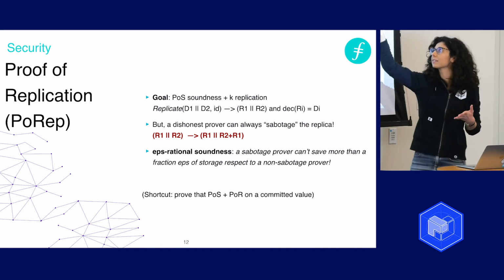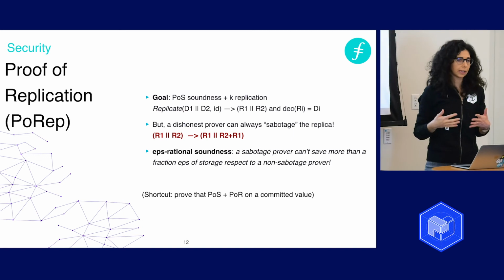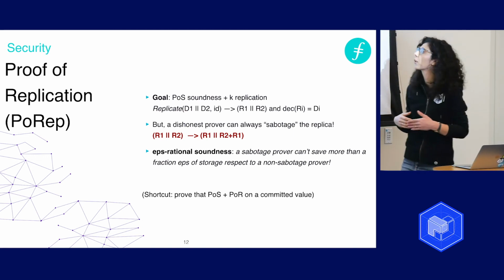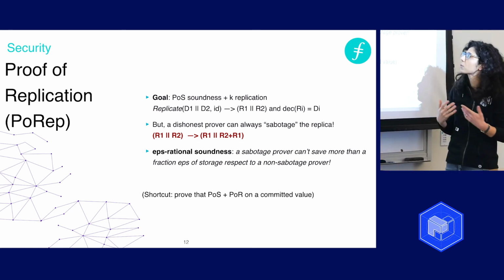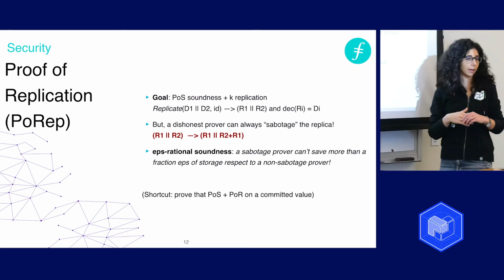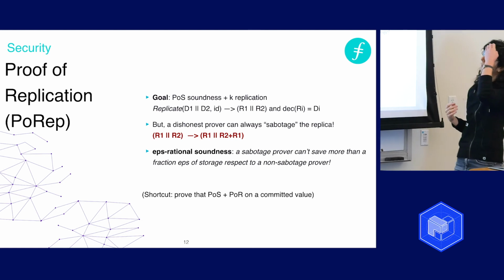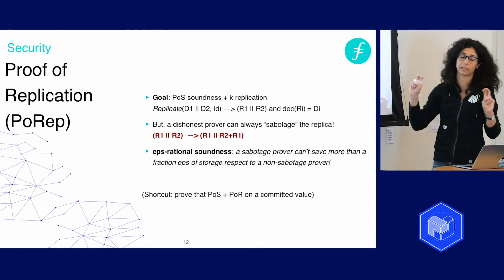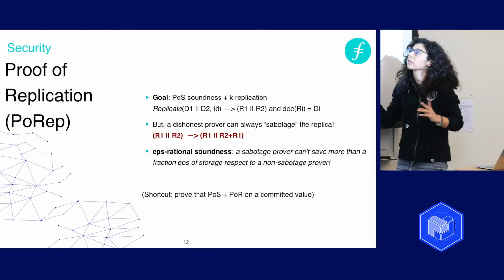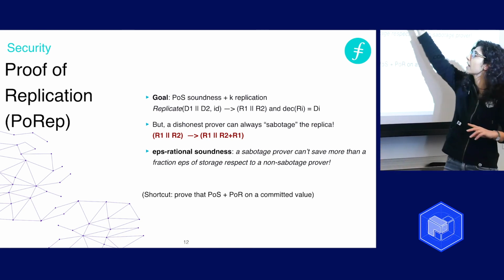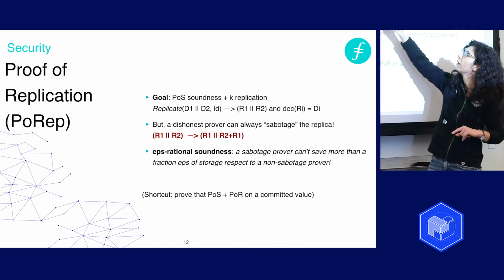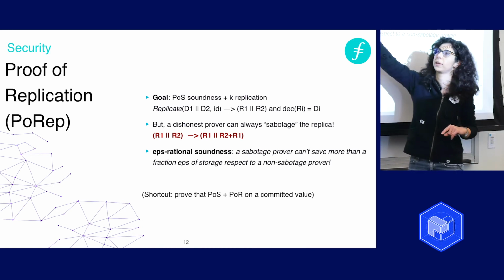Unfortunately, this is not possible to achieve in a pure sense, because a dishonest prover can always sabotage the replica. This is what in the PoRep paper that introduced these primitives is called the sabotage attack. Even if I have this structure, the prover can manipulate the replica and store R2 plus R1 in the place of R2.